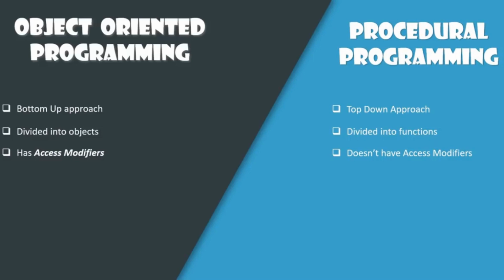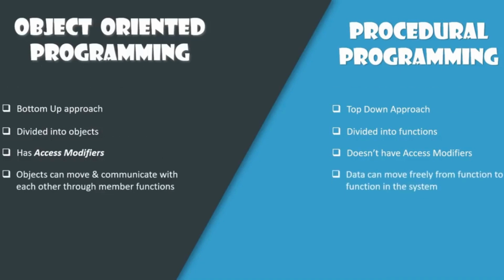Second one, we divide a program into objects in OOP, whereas in POP we divide it into functions. Number 3, in OOPS we have access modifiers such as private, protected, and public, whereas in POP it is not there. Number 4, in OOP, objects can move and communicate with each other through member functions.